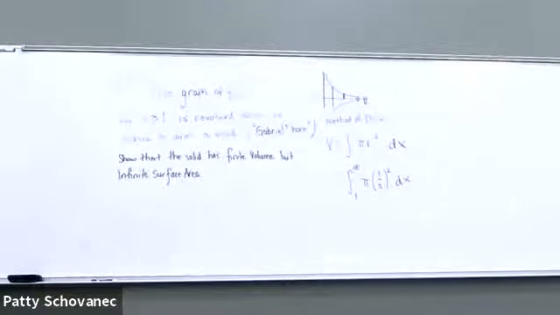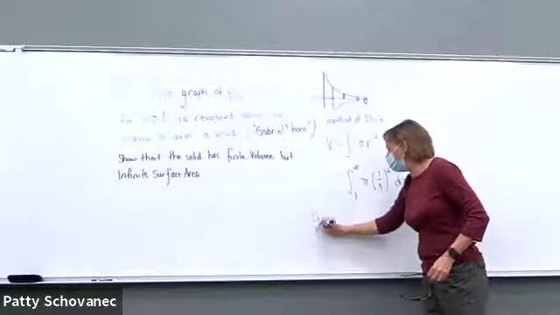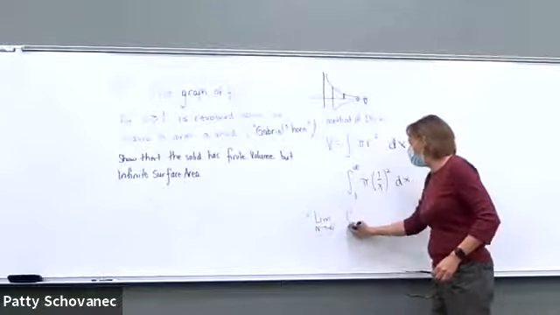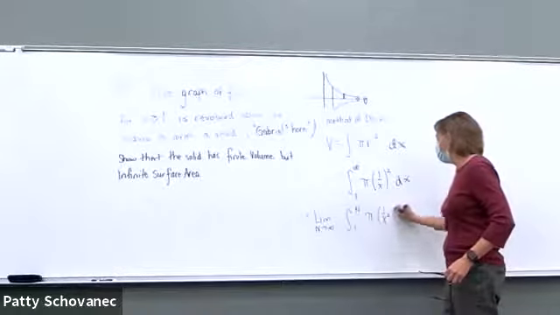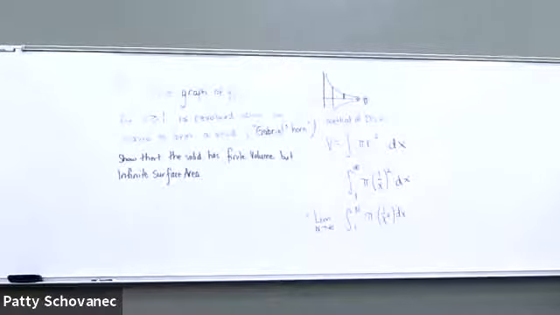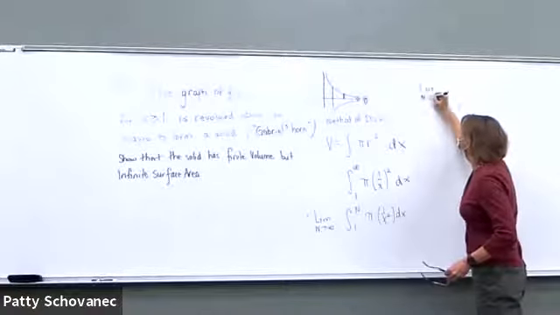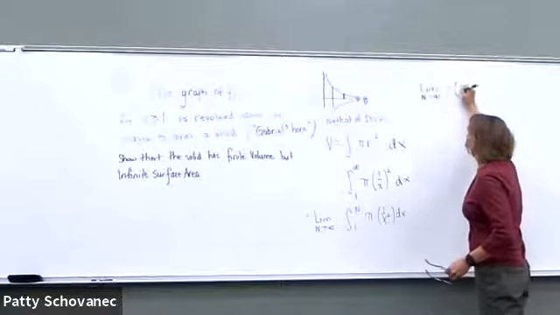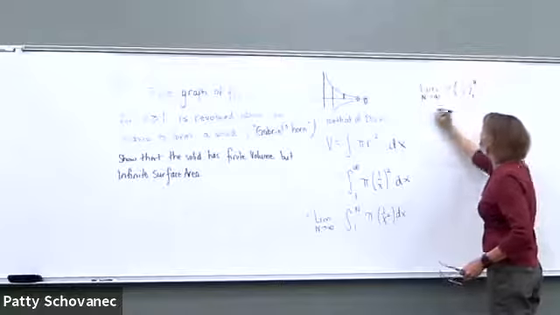We take care of the infinity problem by putting a letter there and taking the limit as that letter goes to infinity. I'll use a big N. What's the integral of 1 over x squared? Negative 1 over x. From 1 to n.